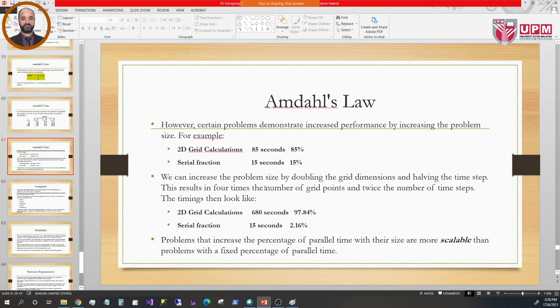So this results in 4 times the number of grid points and twice the number of time steps. The timing then looks like 2D grid calculations is 680 seconds, which is 97.84%, and the serial fraction is 15 seconds, which is 2.16%.